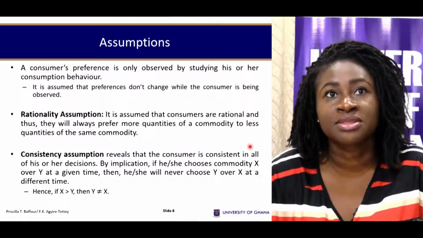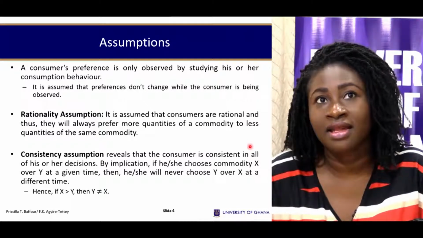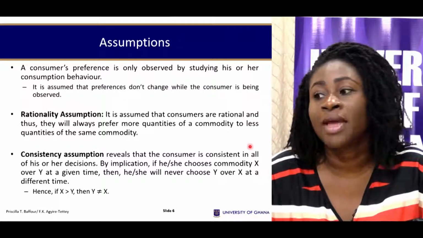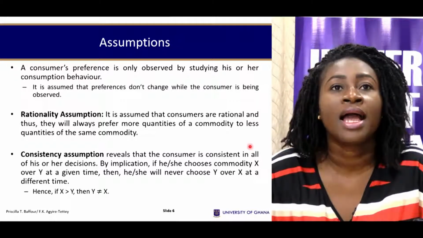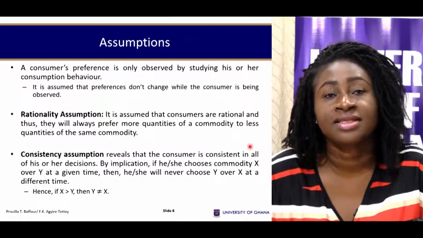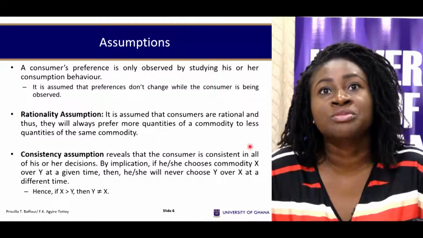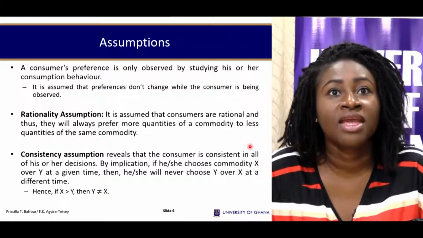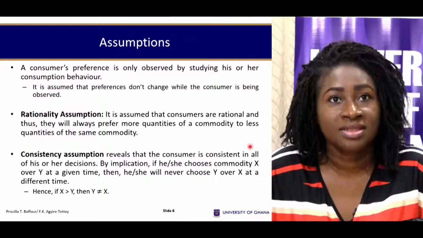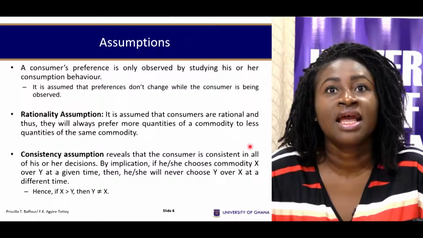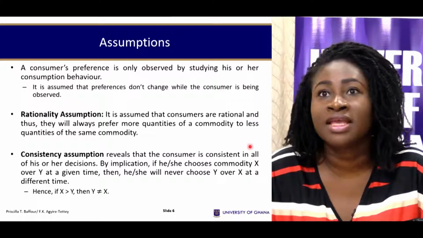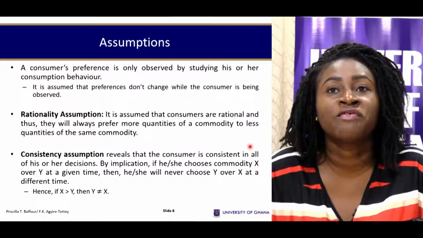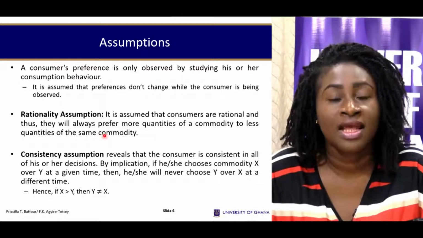The assumptions as we start are that a consumer's preferences are only observed by studying his or her behavior, right? So I cannot tell how you behave unless I study you. It is assumed that preferences don't change while the consumer is being observed, meaning there is some consistency. The rationality assumption is also made here, in that consumers are rational and will always prefer more quantities to less of the commodity.